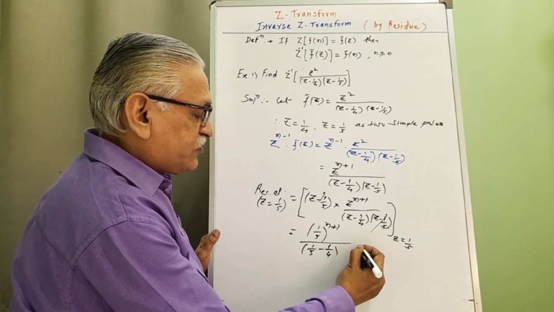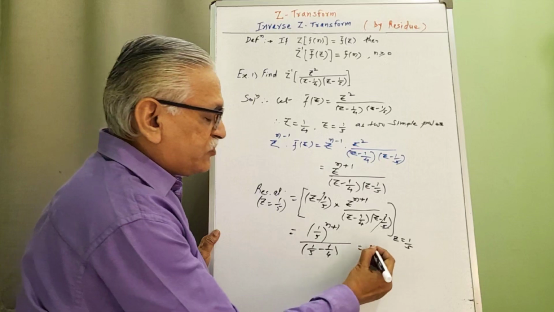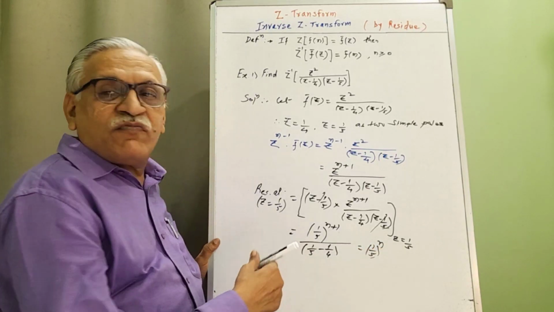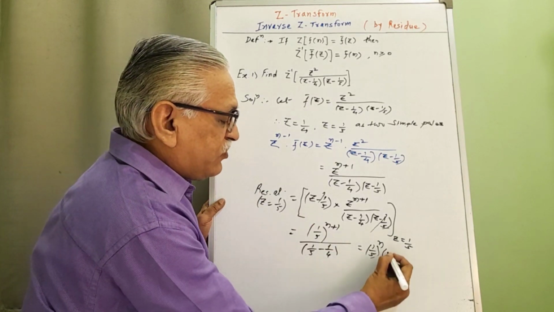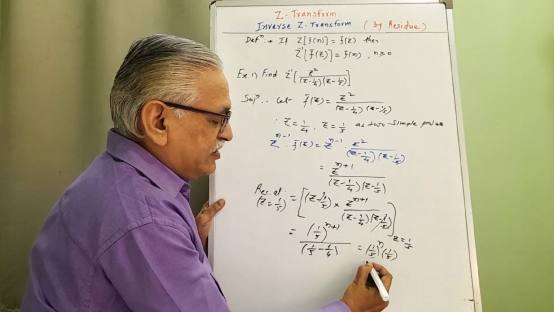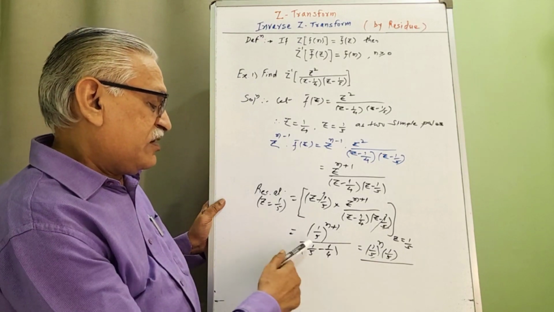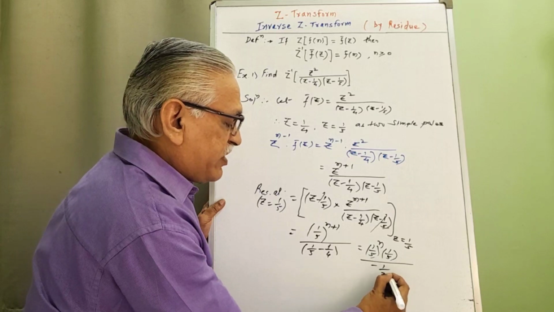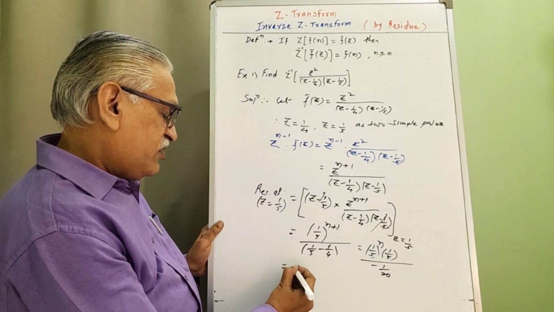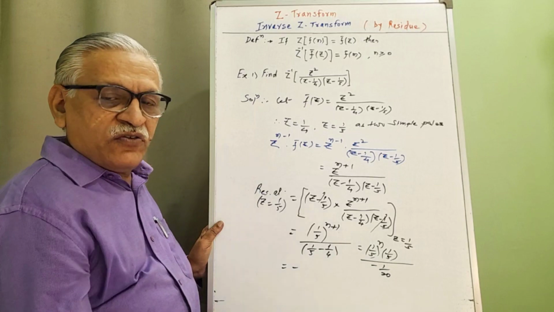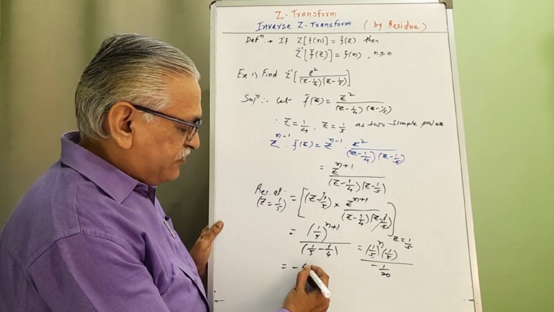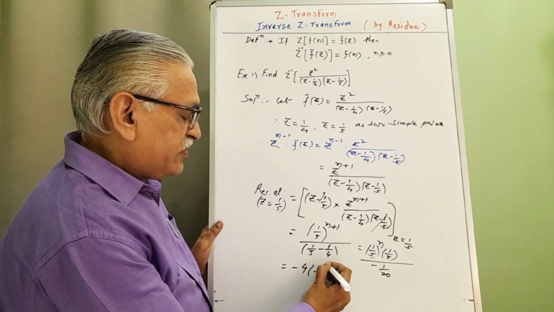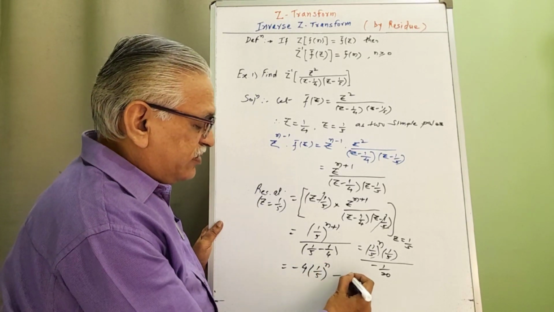Therefore it equals 1 by 5 raised to n and 1 by 5 raised to 1, that is 1 by 5, and the whole divided by 4 minus 5 over 20, we get minus 1 by 20, and therefore minus 20 by 5, that is minus 4, times 1 by 5 raised to n, and we call this equation 2.